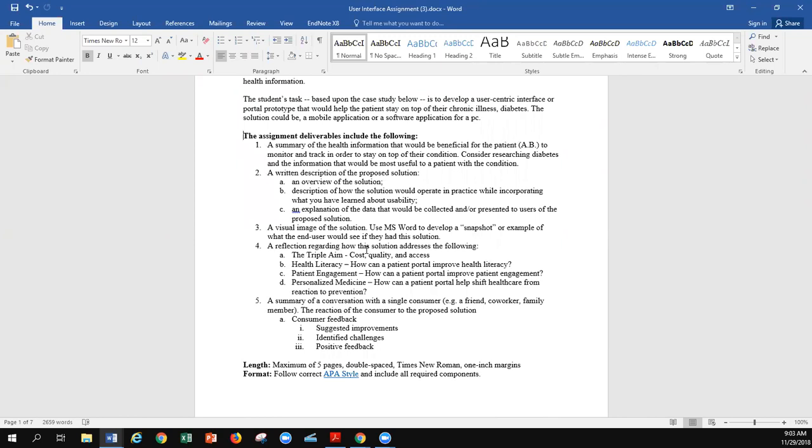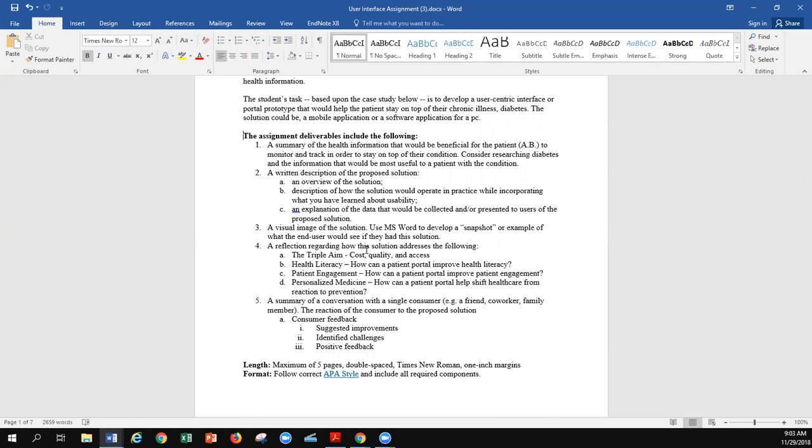Is that solution going to be something that the patient can access via their computer, or is it a mobile app? How will it operate, right?